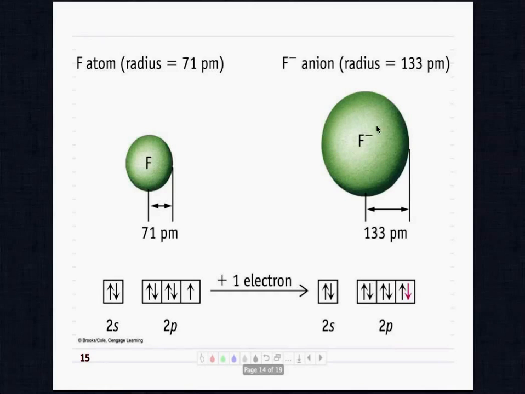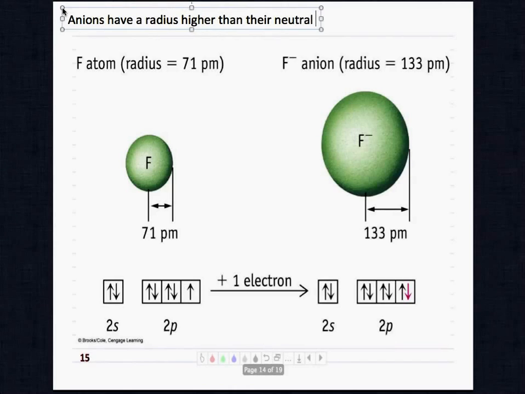So as a rule of thumb, the anion has a higher radius than its corresponding atom. So always cations have a smaller radius than the atom, and always anions have a bigger radius compared to their atoms. And this is a rule of thumb.